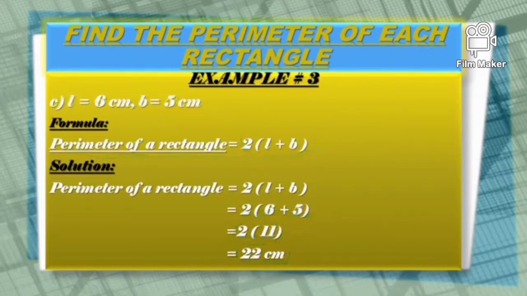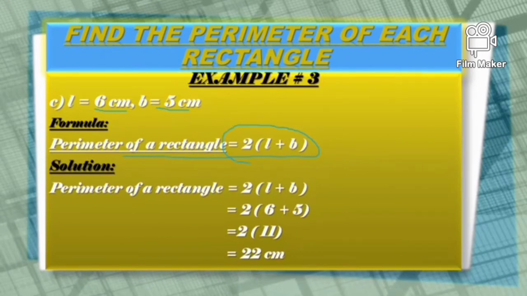Let's move to another example. Example number 3. The given length in example number 3 is 6 centimeter and breadth is 5 centimeter. Write the formula first, 2(L plus B).